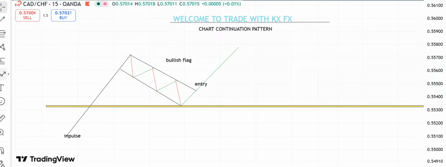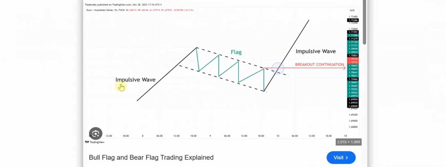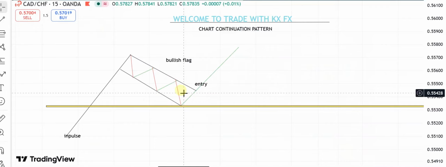Now, let's quickly go back to here. If you watch here, you will see an impulse leg, impulse wave, impulse wave. This is just a minor temporal move, a pullback to the upside. How do you guide your pullback?